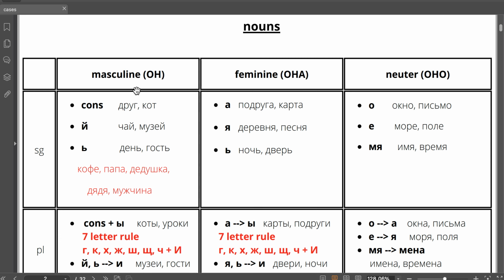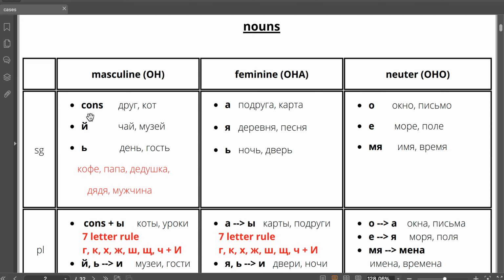Let's start with masculine. So if you have the noun, the main detail where you have to look at is not consonant, it's ending. And masculine ending, it's always consonant. So sometimes I have questions. What is consonant? What is vowel?